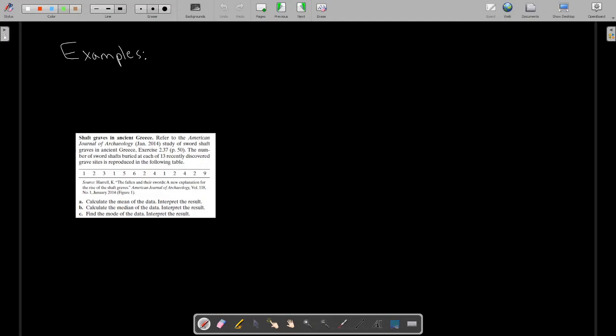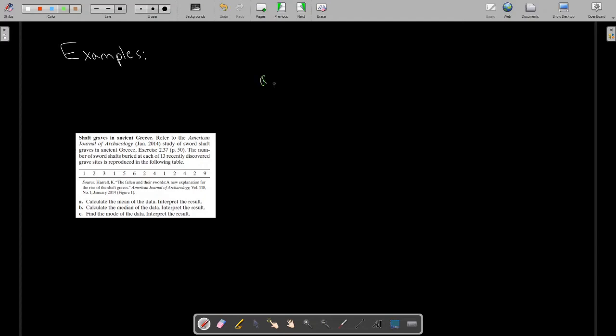The number of sword shafts buried at each of 13 discovered grave sites is shown in the following table, and it gives us our data. And then it's going to ask us a couple of questions to reinforce the statistics that we've gone over in this video. So part A, calculate the mean of the data and interpret the result.